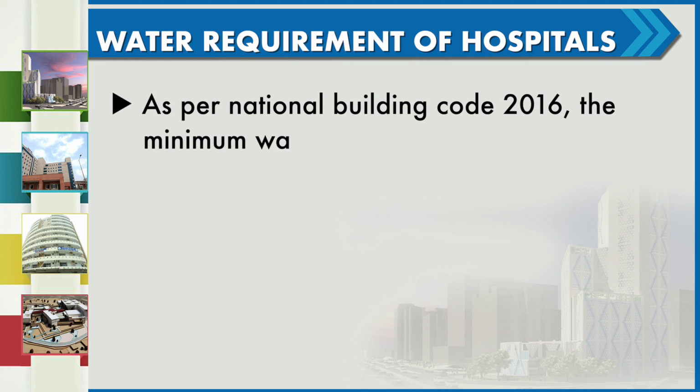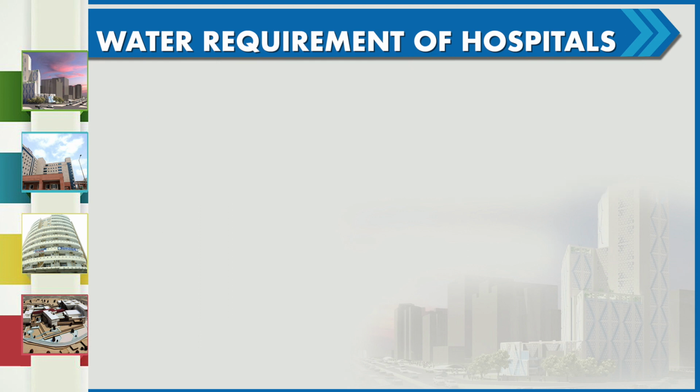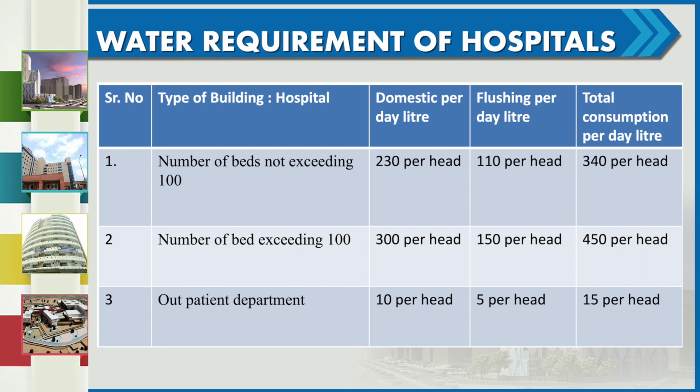As per National Building Code 2016, the minimum water requirement in a hospital which will not have a laundry and kitchen per bed shall be: first, the number of beds that do not exceed 100 in number. The domestic per day liter shall be 230 per head. Flushing per day liter should be 110 per head, and total consumption day liter shall be 340 per head.